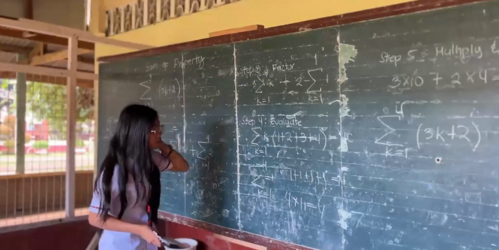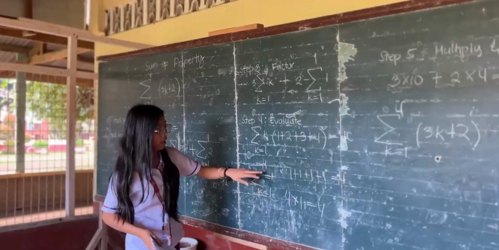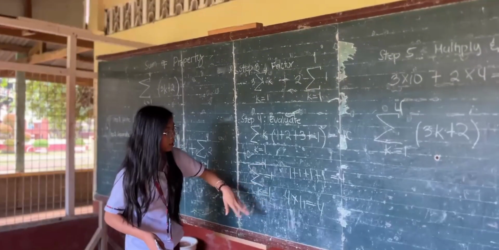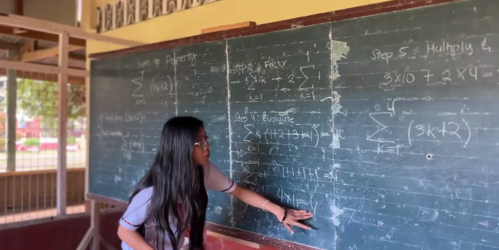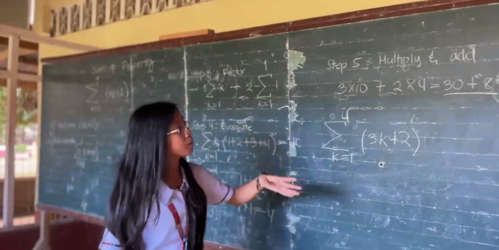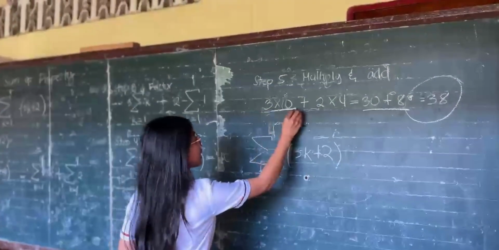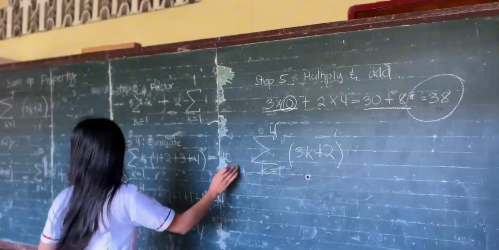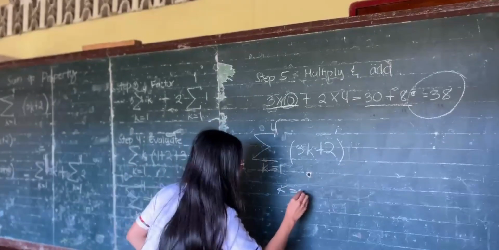Then, as you can see, we still have 2 times the summation of 1. So we multiply 1 by 4, and we have 4 times 1 equals 4. Then, step 5, we multiply and add. So, we have 3 times 10. This 10 is from the summation of k, so our sum of k is equal to 10.